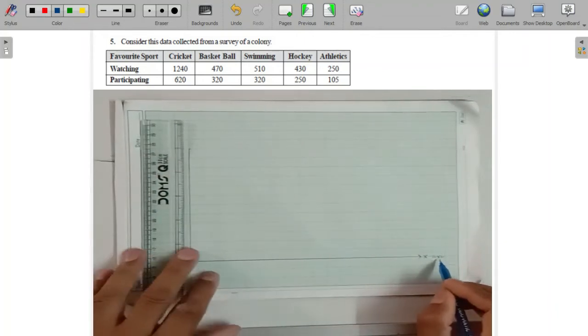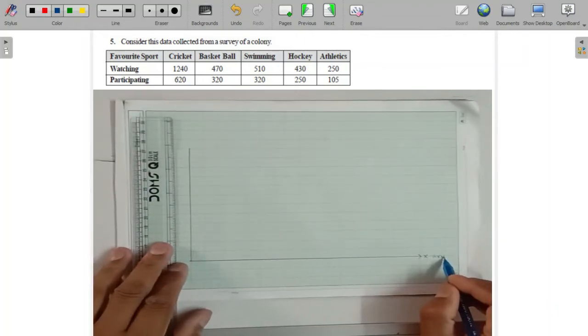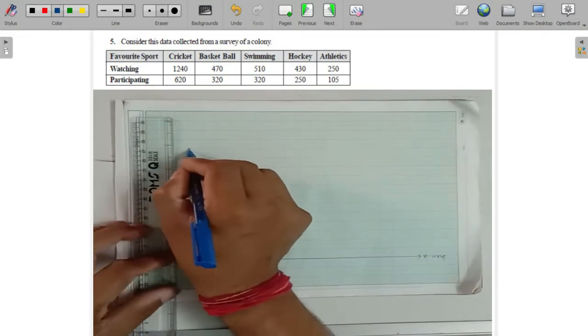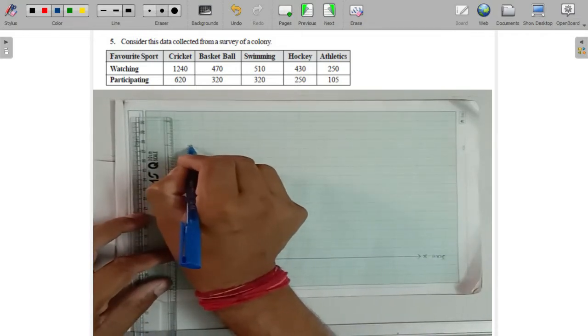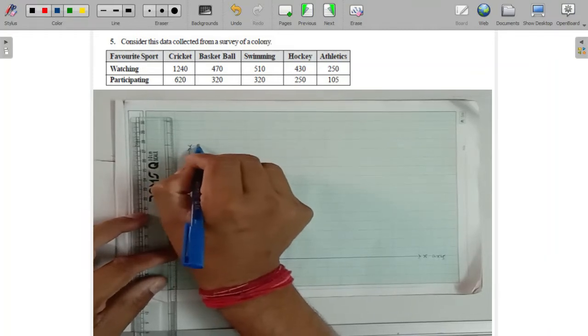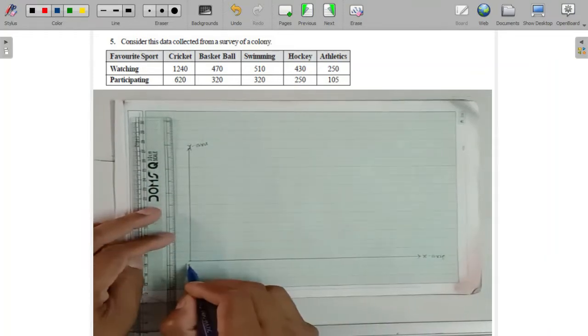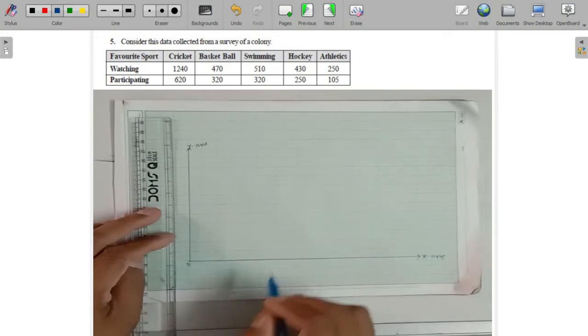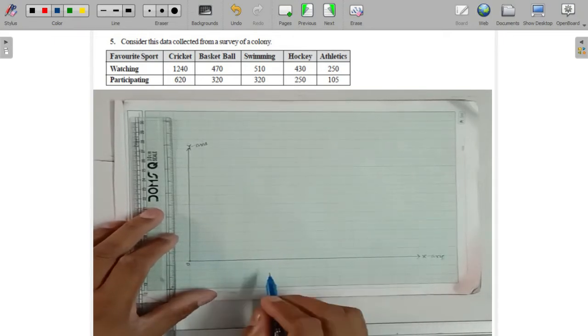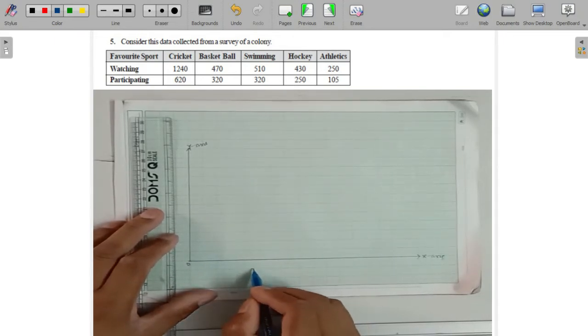Here write down x-axis, and here write down y-axis. Here write 0. On the x-axis we are representing favorite sports.